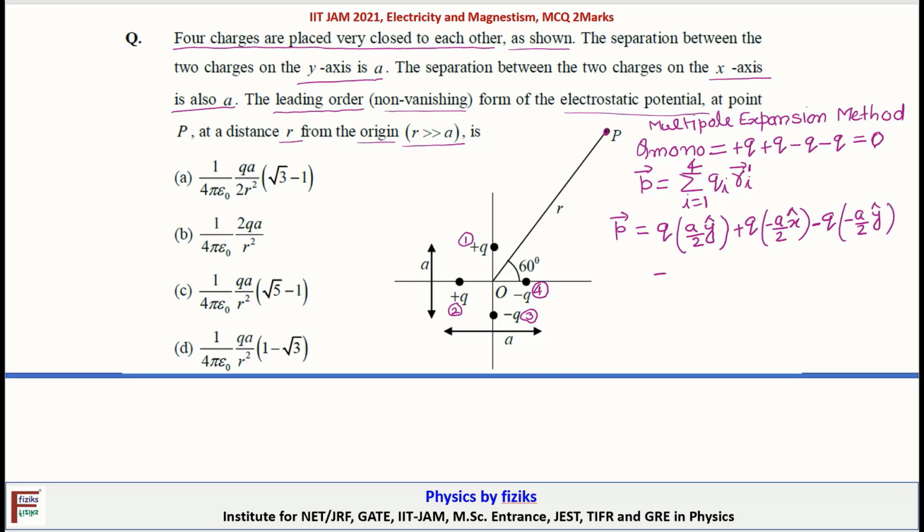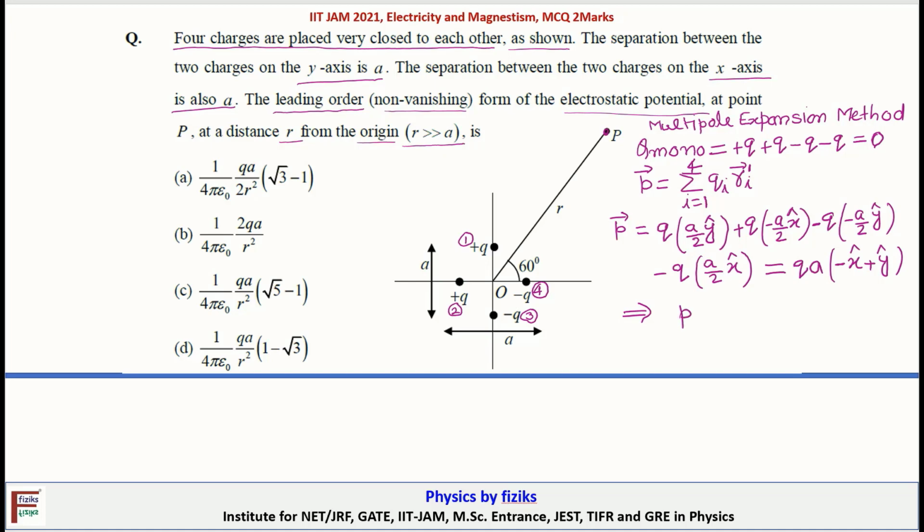And the fourth charge is minus Q, and its position vector is a by 2 x cap. If we solve this, you will see that Qa is common, and the x cap component will be negative, so that will be minus x cap plus y cap.